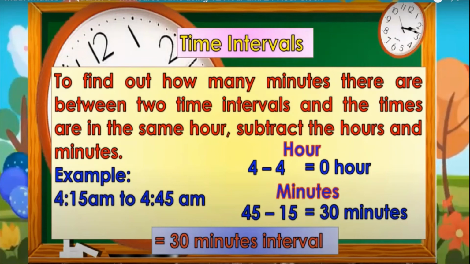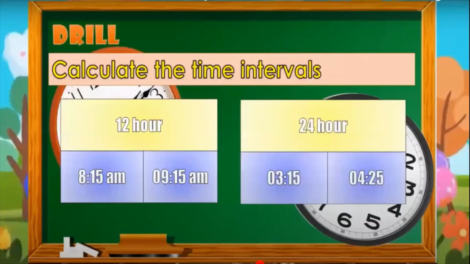All we have to do is subtract our hours. 4 minus 4, that is 0. For our minutes, just subtract 45 minus 15, and we got 30 minutes. So the time interval between 4:15 a.m. to 4:45 a.m. is 30 minutes.